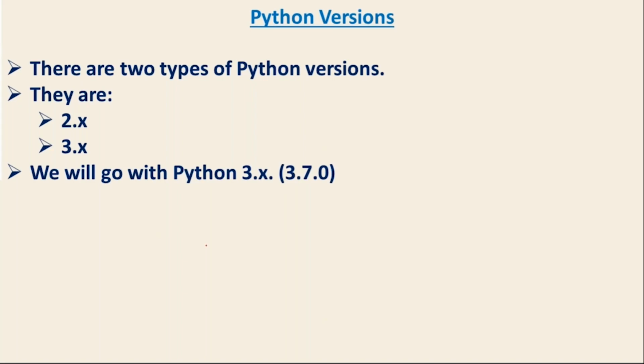But my intention is that it's better to learn 3.x because we are very near to 2020. After that, definitely, major development and major third-party modules will come with 3.x only. So that's the reason I am starting this 3.x version Python training, right?